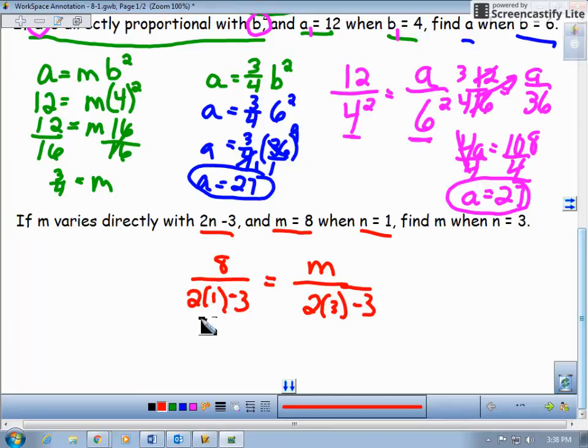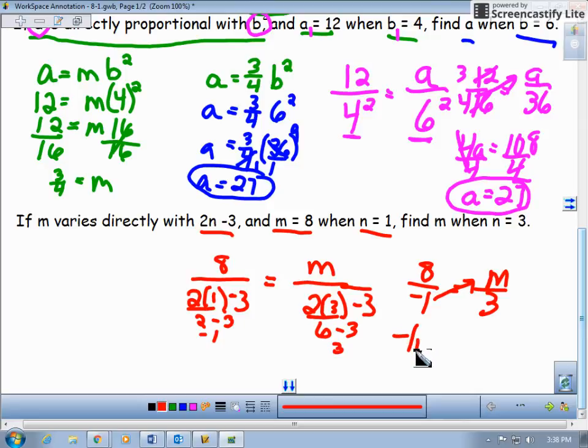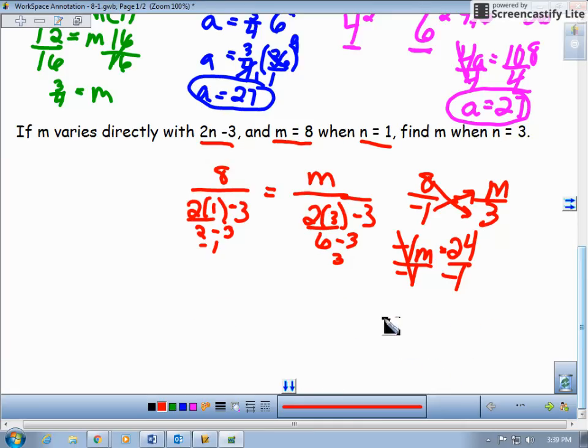So 2 times 1 is 2, minus 3, so I get negative 1 here. So this is really 8 over negative 1. And 2 times 3 is 6, minus 3, which is 3, equals m over 3. Then we want to cross multiply here. So we get negative 1m equals 8 times 3, which is 24. Divide by negative 1, and I get m is negative 24.